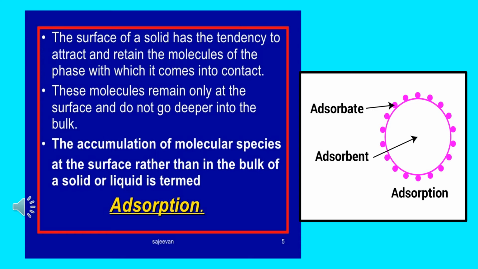That is, the accumulation of some molecular species on the surface rather than in the bulk of a solid or liquid is called adsorption. I repeat, the accumulation of some species on the surface rather than in the bulk of the solid or liquid is called adsorption.